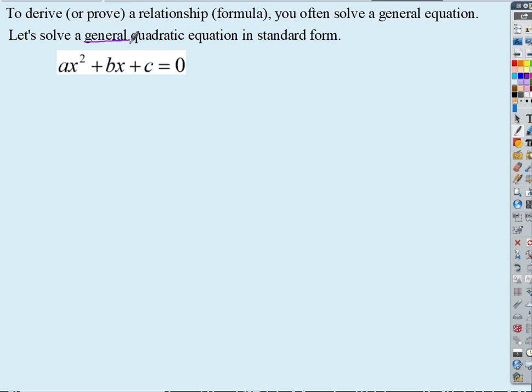If I'm able to solve that equation for x, to get the x by itself, what do you think my answer is probably going to include? This is what I'm starting with. I'm not plugging in values for a, b, and c. I'm leaving them as a, b, and c. So when all the dust settles and I solve for x, what are some ingredients of my answer?